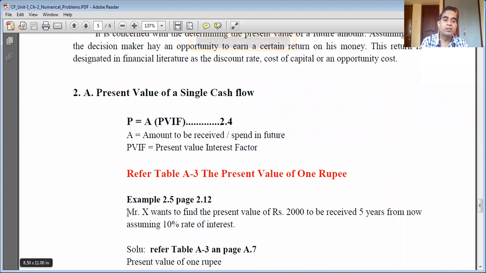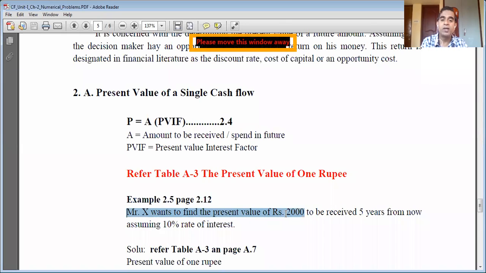So we are going with a small example to find out the present value of a single cash flow. Mr. X wants to find the present value of 2000 rupees to be received 5 years from now.